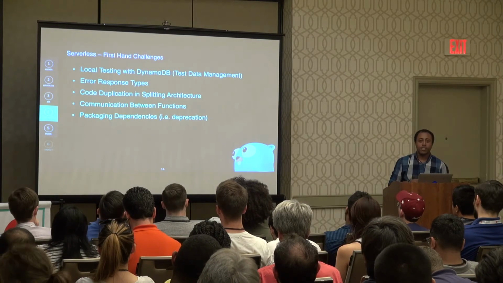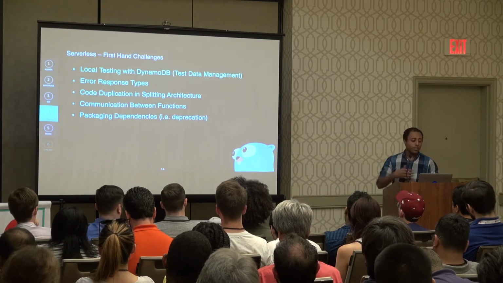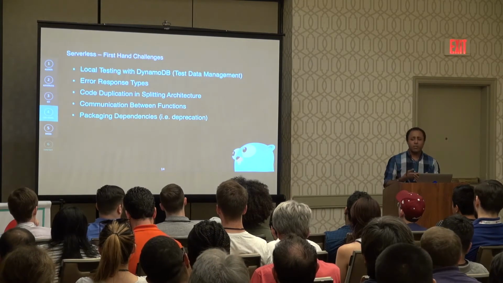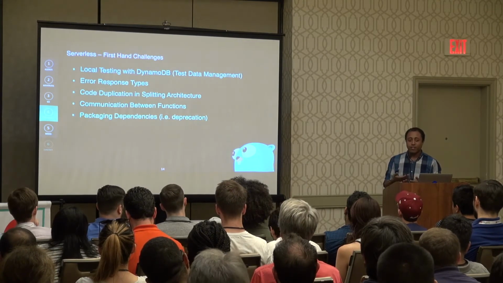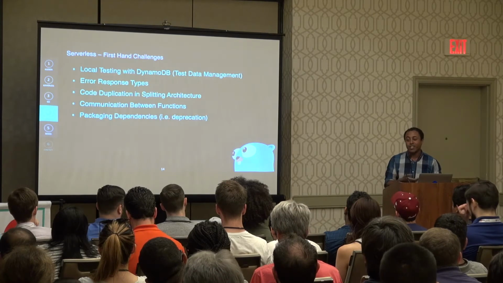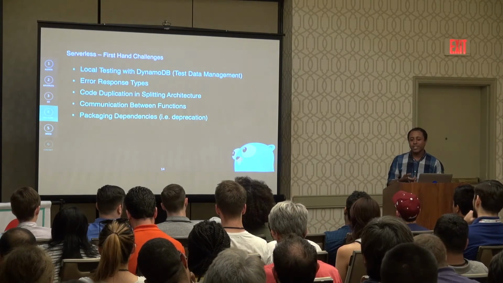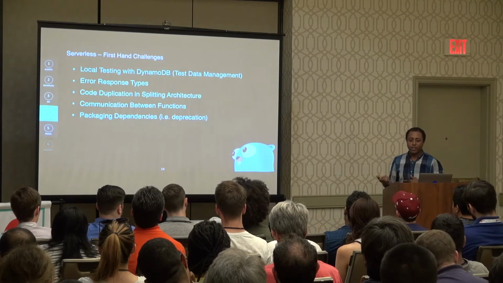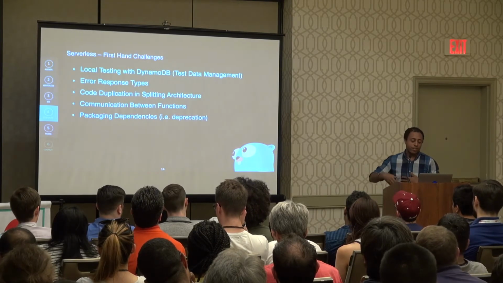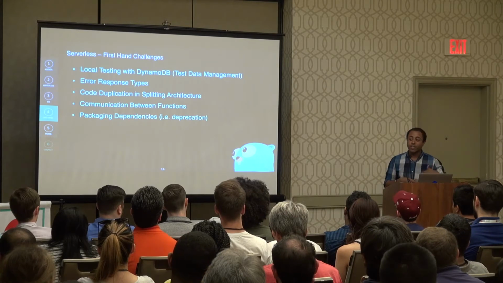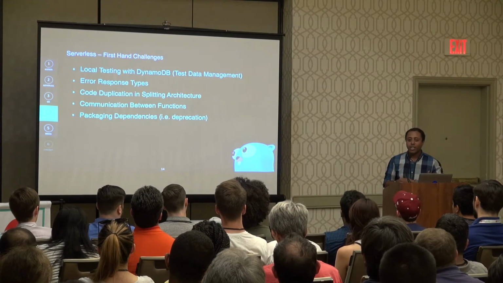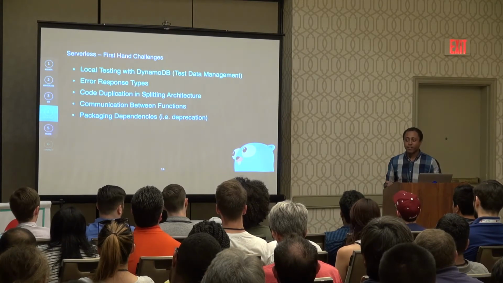Error response types. When we were writing cloud functions, we realized that sometimes we might error out a function, but it wouldn't error out because it's still executed. So that's a huge problem, because we're expecting to get a 400 because we maybe sent a bad request somewhere, but the Lambda function would come back with a 200 because it executed correctly.